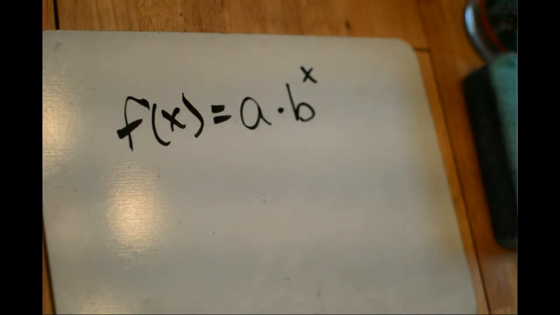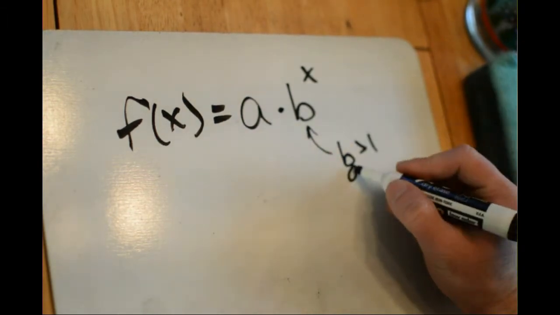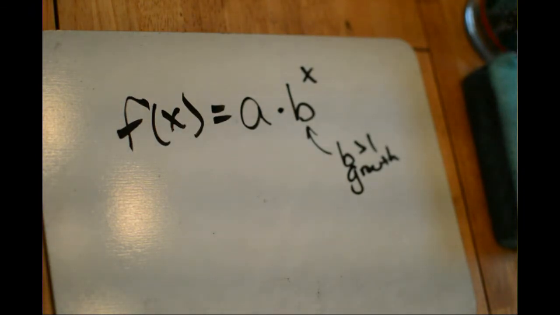So exponential growth could take on this form, f of x equals a times b to the x. And it's going to be growth just as long as b is greater than 1. And it needs to be greater than 1 because if you're multiplying by a number that's greater than 1 repeatedly, you're going to show that increasing in value.